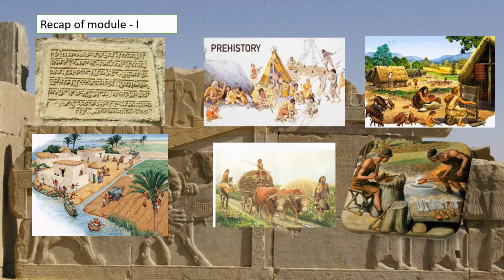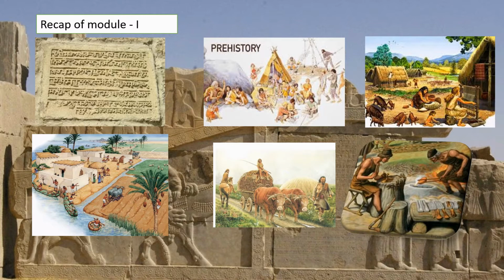Before moving to Module 2, let's do a recap of Module 1, Historic Period. In Module 1, we learned about culture, records, signs and symbols, which help people keep records in the form of inscriptions and manuscripts. Humans and animals depend on the environment to satisfy their needs.